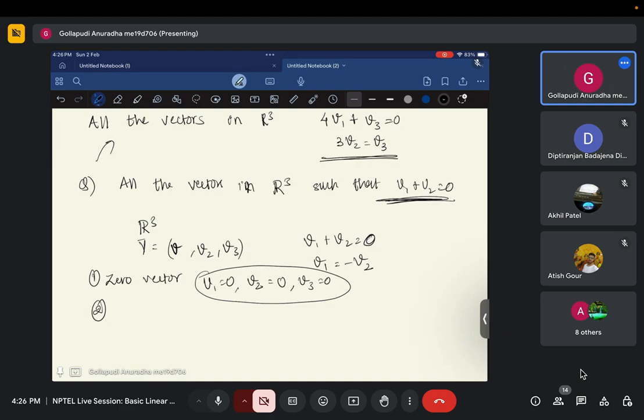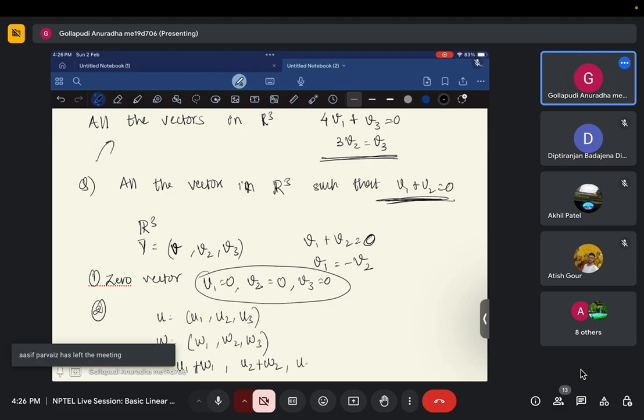And suppose I say this is a vector and this is one more vector in the set, then even this thing must satisfy this condition.